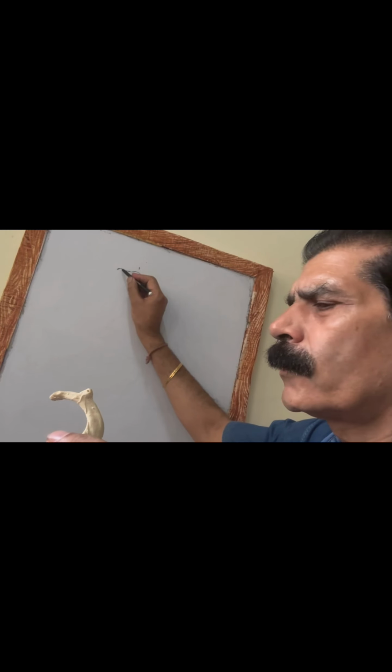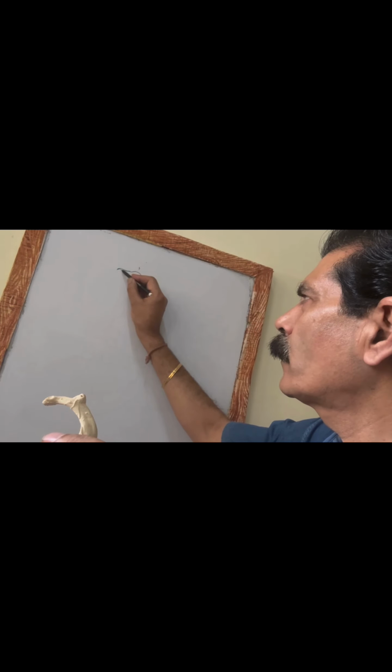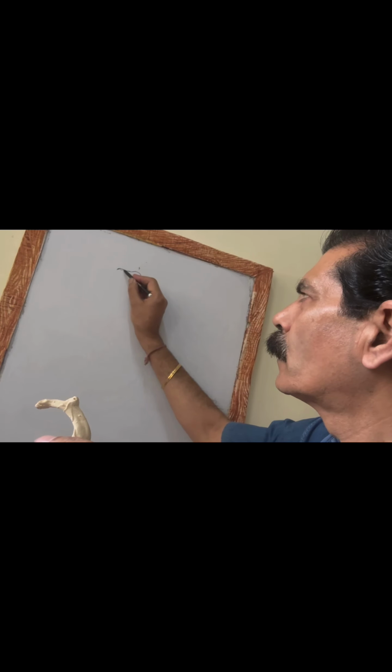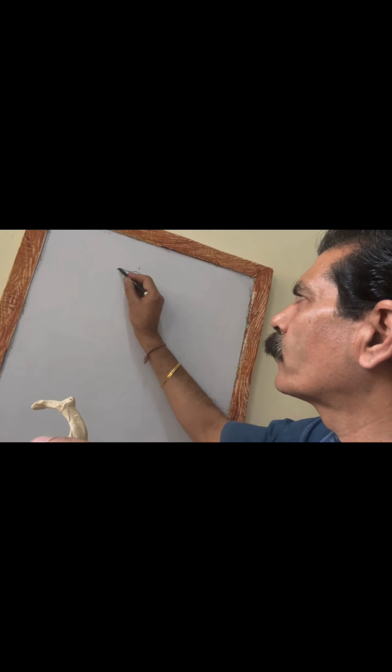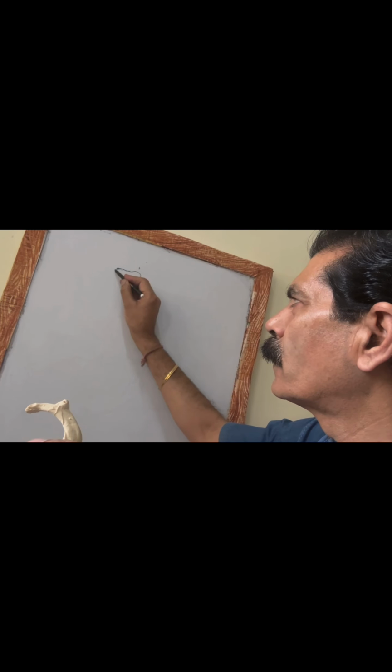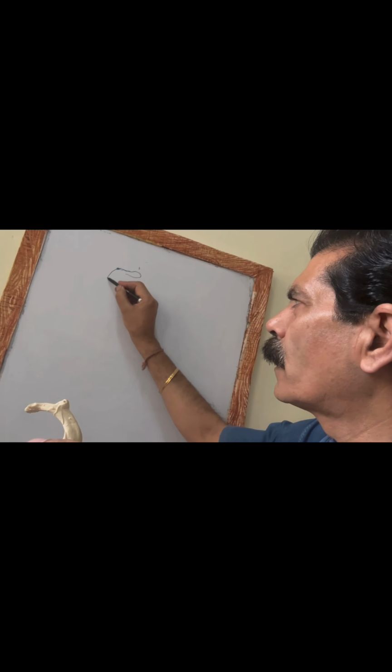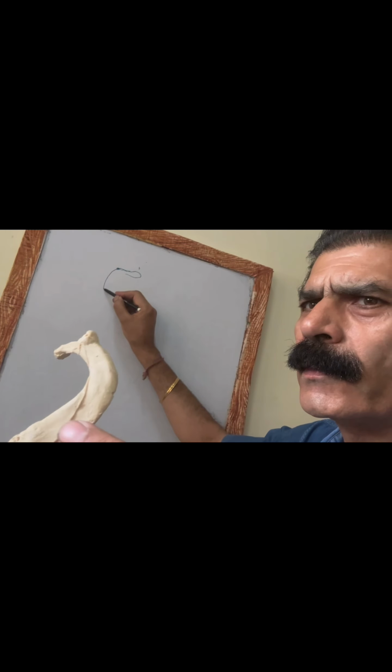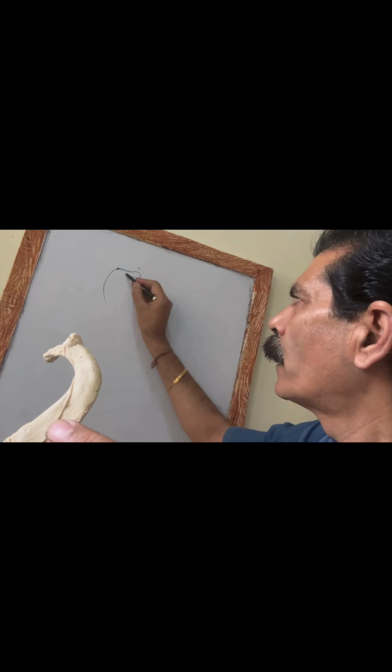And the tubercle has two parts. The medial part is smooth and articular, and the lateral part is rough because of the attachment of the ligament. Then it turns anteriorly. So this is called the angle of the rib.